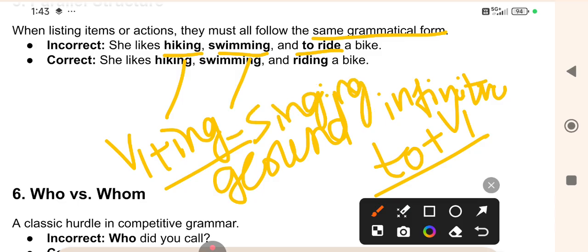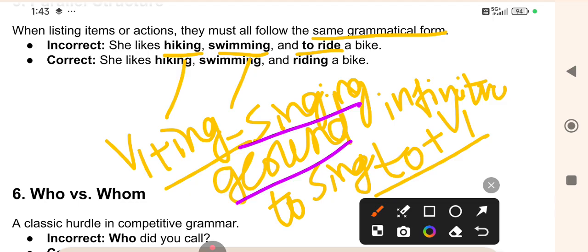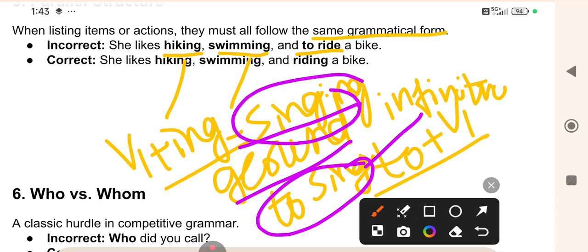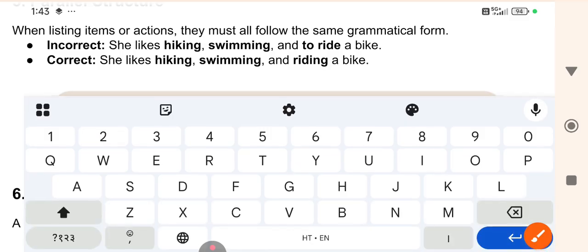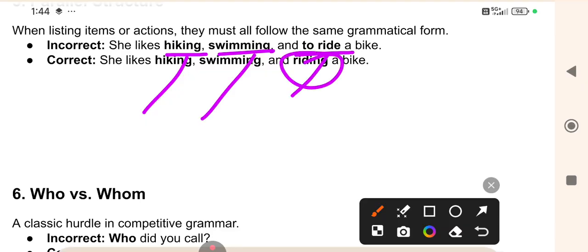Singing or to sing. If you say singing, that is a gerund. If you say to sing, that is an infinitive. So if you take the gerund form, singing, swimming, then you have to take the same form in all verbs. She likes hiking, swimming, and riding.